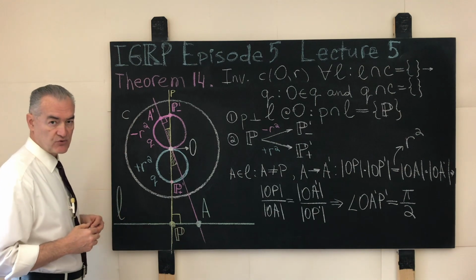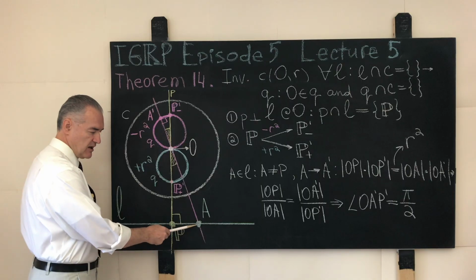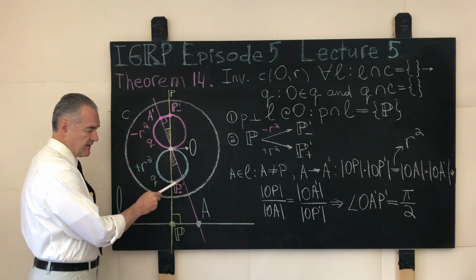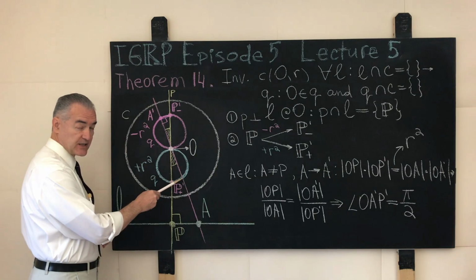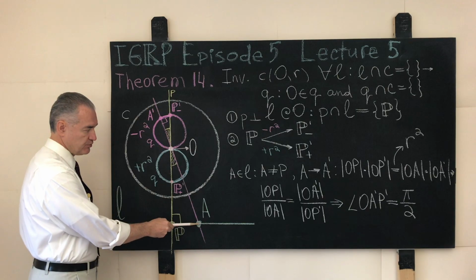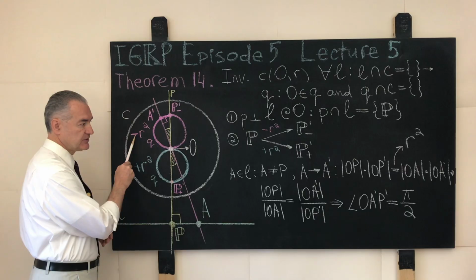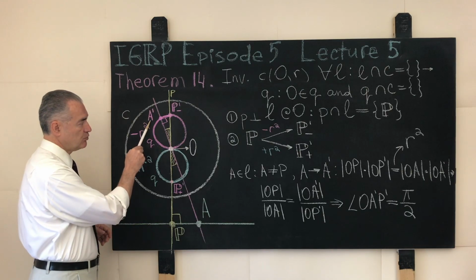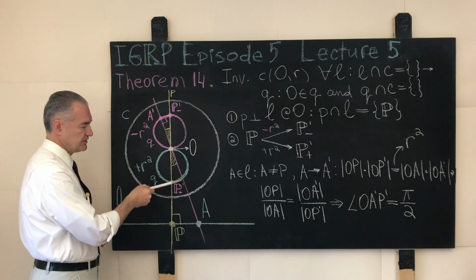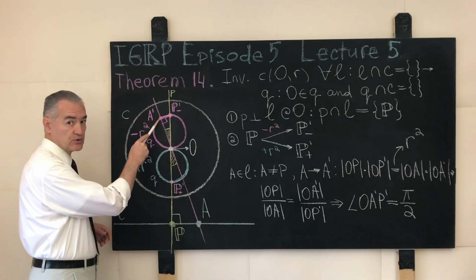When the power of inversion is positive, again the same technology applies to the image of the point A. That image will be located on the same side of the center of inversion as the pre-image point, and when the power of inversion is negative, then that image point, A prime, in this case I do not distinguish in order to avoid the clutter, that point A prime will be located where?